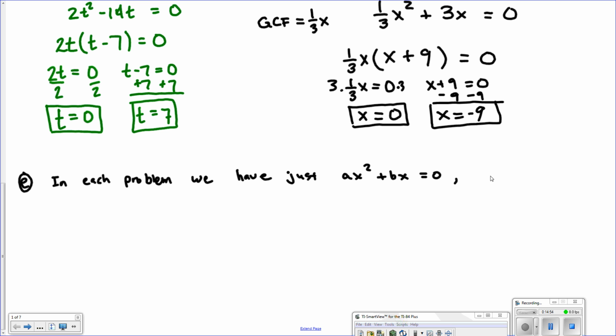So that allowed us to factor an x out each time, or whatever the variable was.